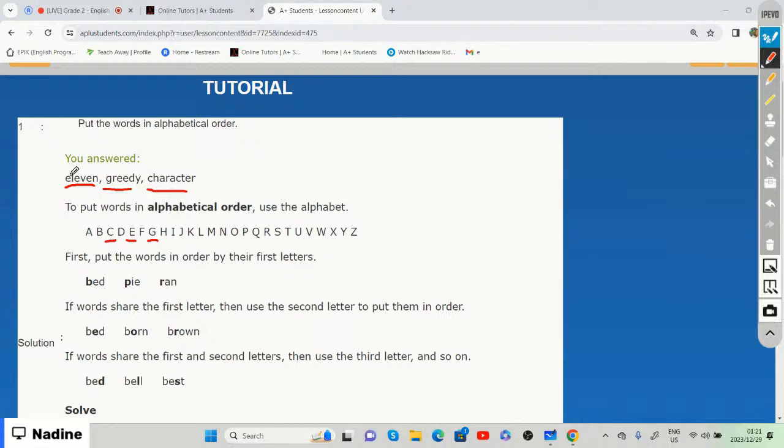Is it E for 11, G for greedy, or C for character? We can say C comes first, which means that we need to put character first.